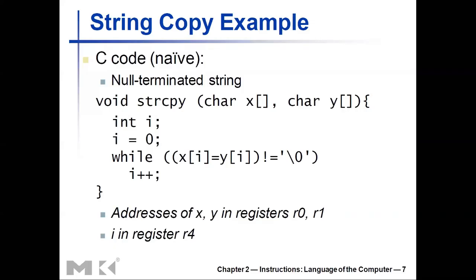So we have this while loop, and i is used to index the character element in the array, and then what we are doing is we are making x[i] equal to y[i] as long as we have not come to the null character, right? A string is terminated by appending a null character at the end of the char array, no?